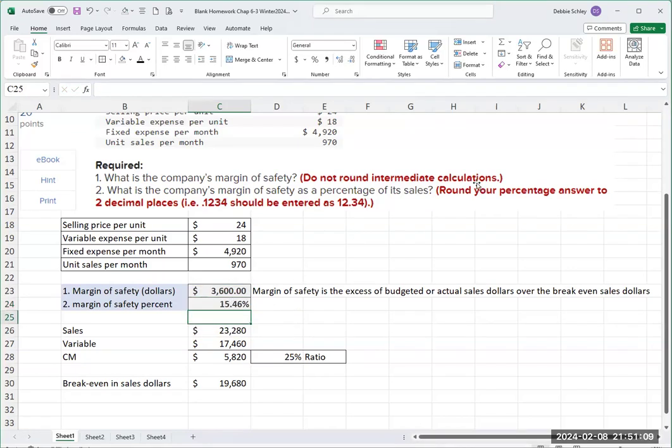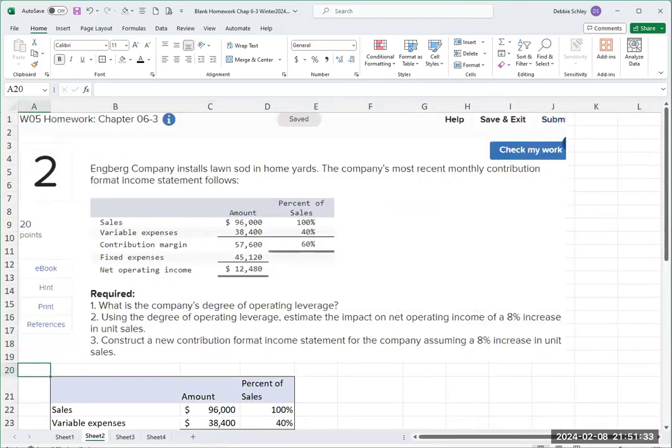And they want it again, so at this point, you've got to be really comfortable with making sure that you read all of these words in red. So my percentage answer is to 2 decimal places. And they didn't tell me about the dollars, but mine came out even, so I guess it didn't matter. Okay, question 2.